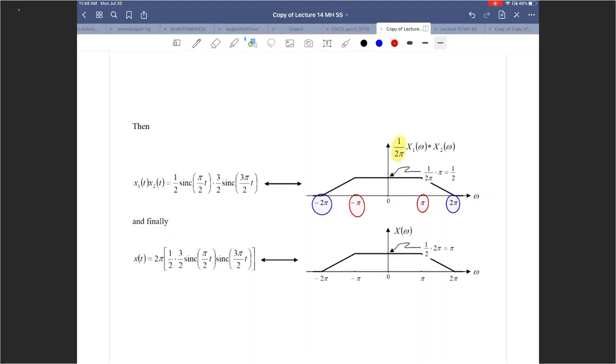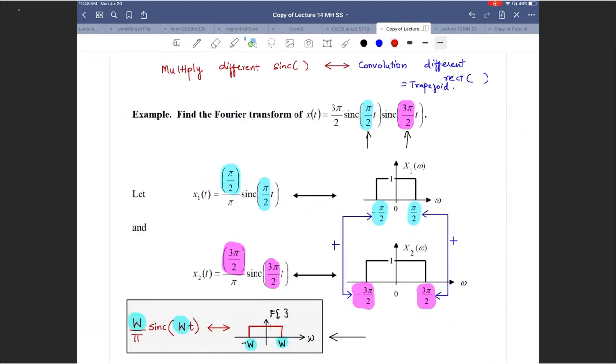Now, the only thing left is for me to find the height of the trapezoid. What is the height of the trapezoid? Let us focus on the convolution height and then we'll scale it by 1 over 2 pi. When you do the convolution height, you have this shorter rectangle completely inside the wider rectangle, and you are integrating over all that omega.